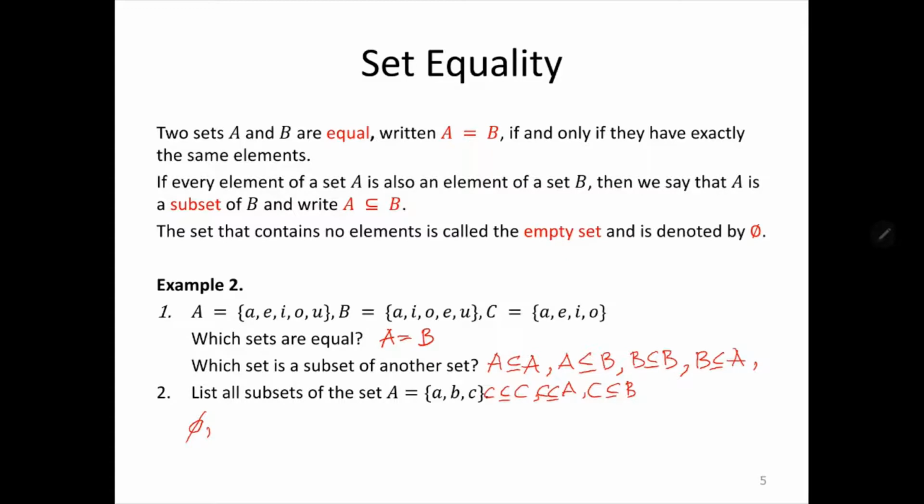Then if we list all the subsets with only one element, we have A, B, and C. Then we can also list all the subsets with exactly two elements: AB, AC, and BC. And then we can also have A itself, because A is also a subset of A. So these are all the subsets of the set A.